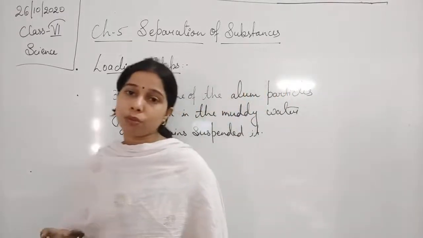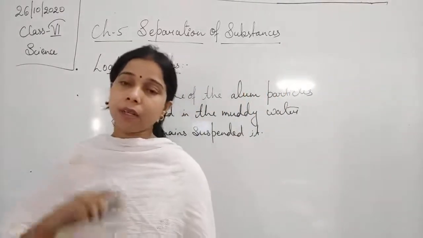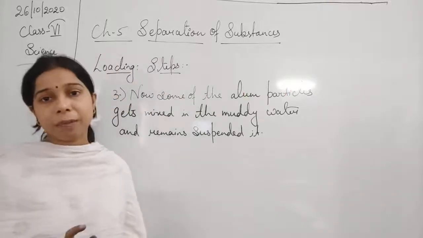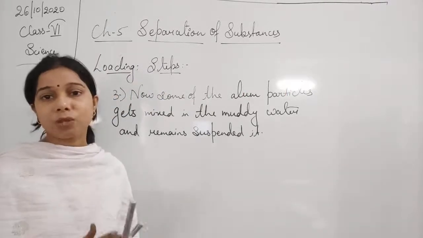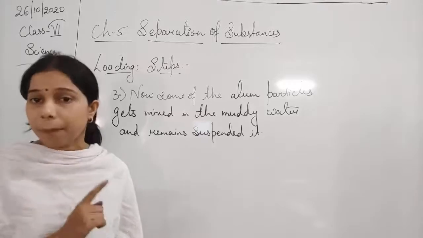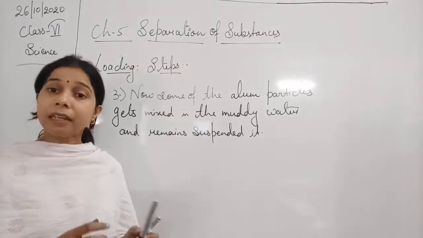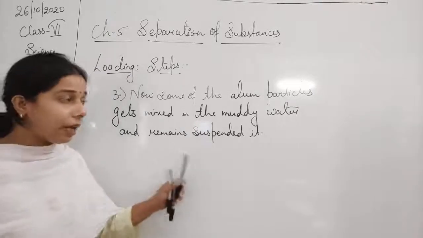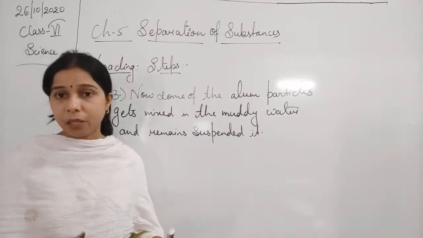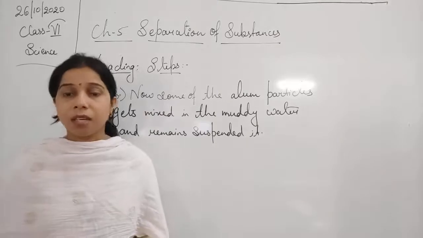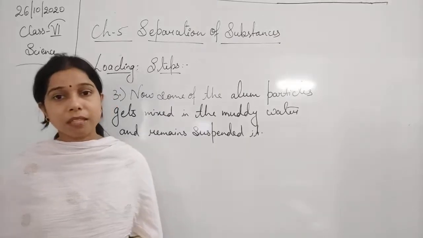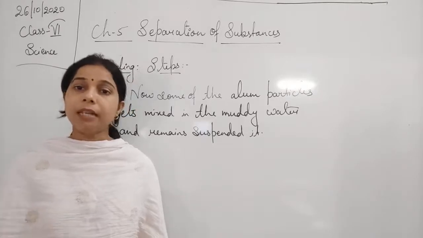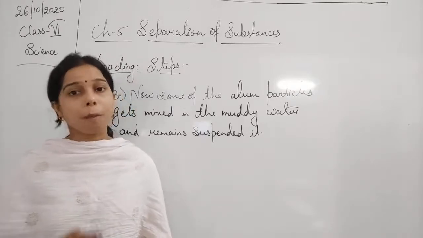Now, students, the alum particles also get suspended with the other particles. So these alum particles will combine with the suspended clay particles, and when they combine, the alum particles, being heavier, give heaviness, increasing the density of these suspended particles and ultimately making them settle down at the bottom.